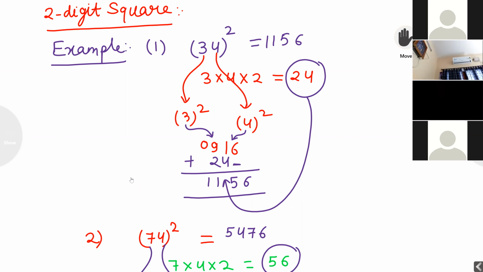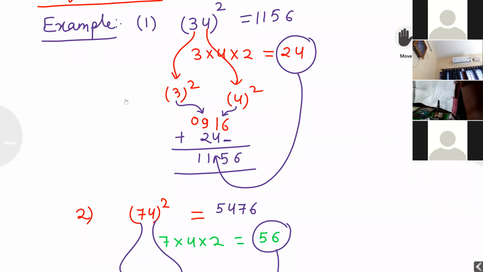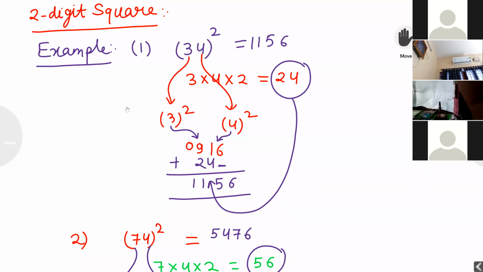Start writing, everyone. Note down example second.